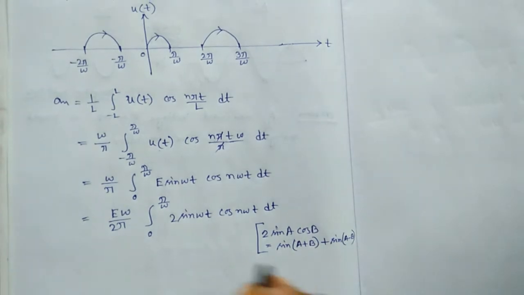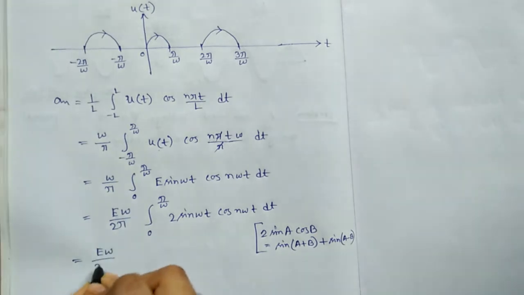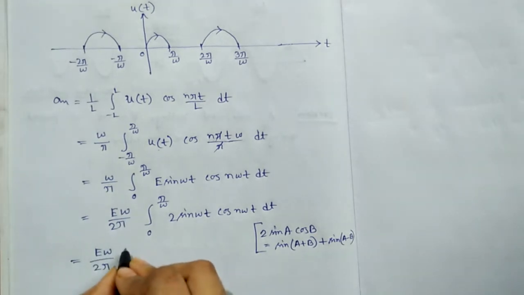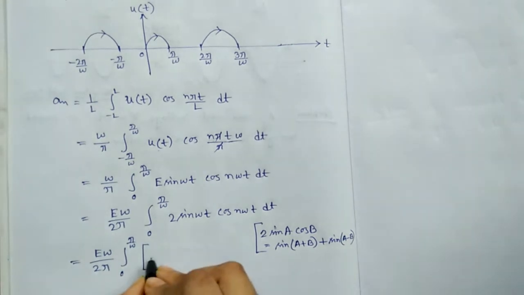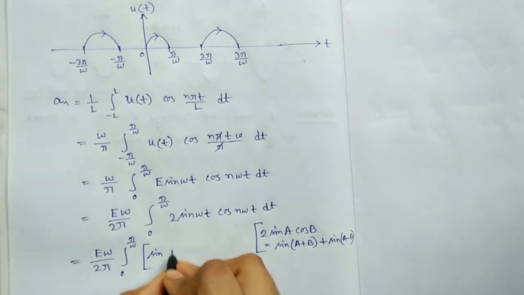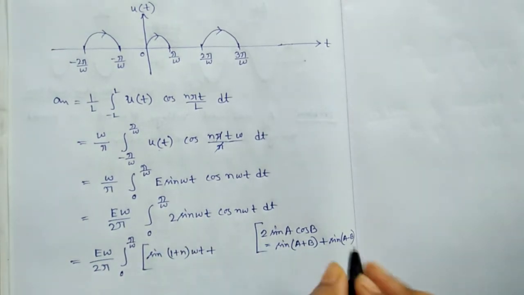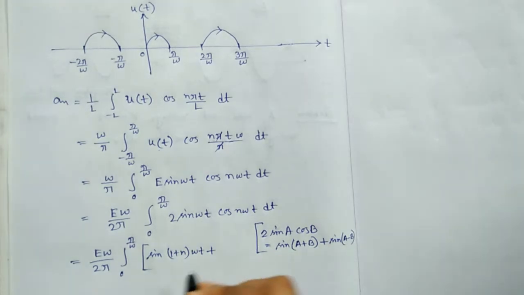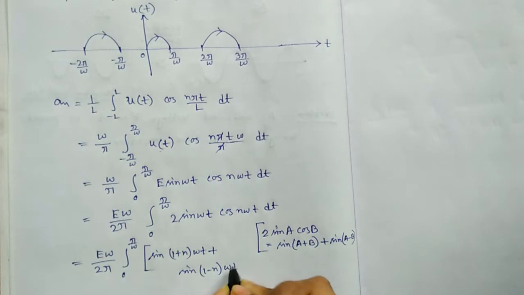So, applying this formula, we get E omega by 2 pi integration 0 to pi by omega sin(A plus B), that is sin (1 plus n) omega t, plus sin(A minus B), that is sin (1 minus n) omega t.